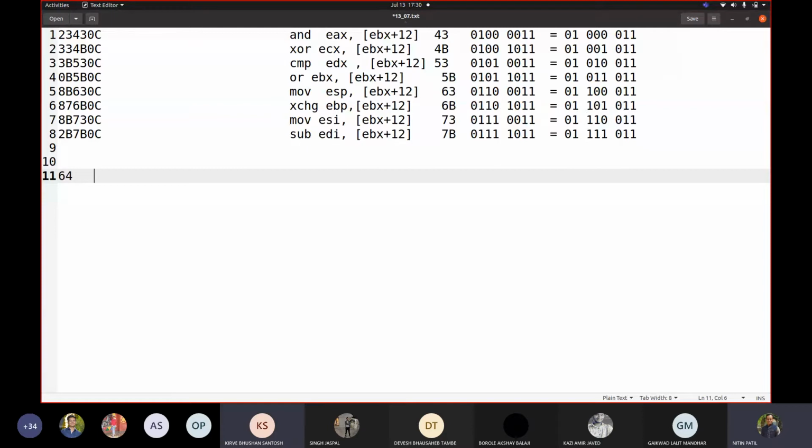If I write 64, 0 1 1 0 0 1 0 0, and group it like this, what is 100? ESP.